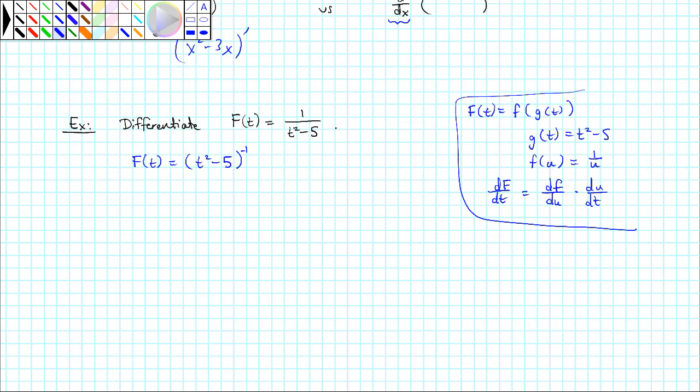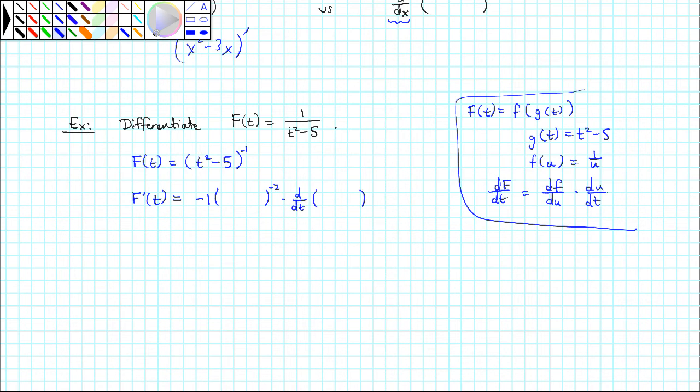I went and used the prime notation. The derivative of f with respect to t is going to be negative 1 times something to the negative 2 times the derivative of that something.